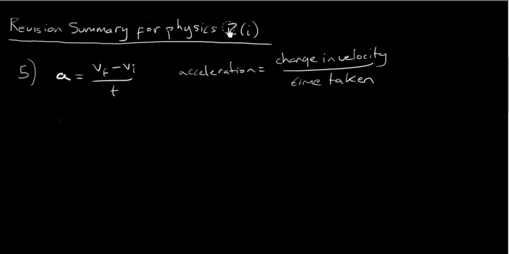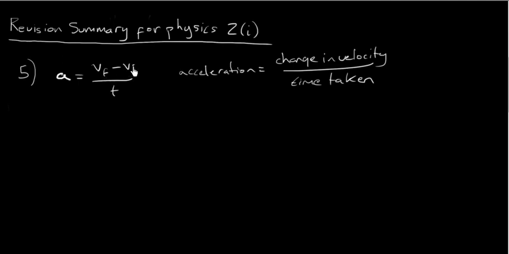So negative would mean that the initial velocity is bigger than the final velocity. First you have a large velocity and then you have a small velocity. That means that you're slowing down.